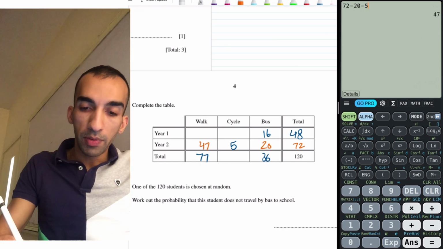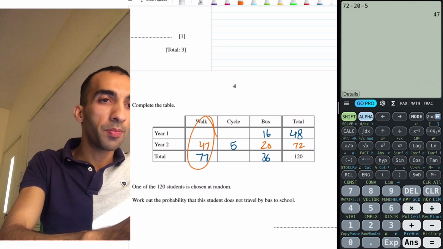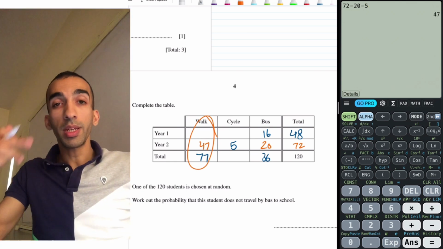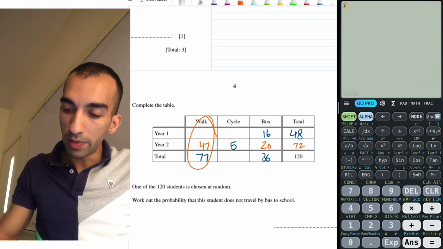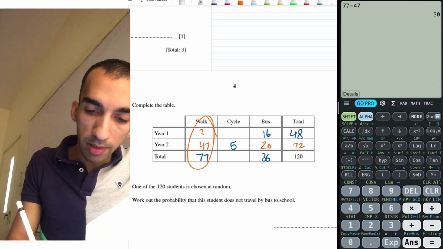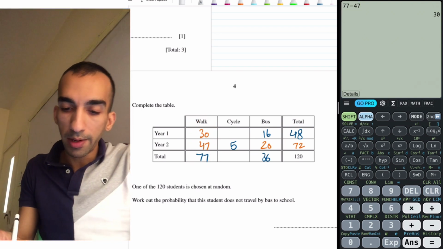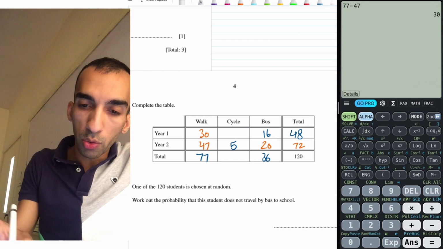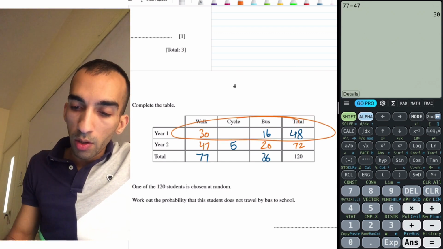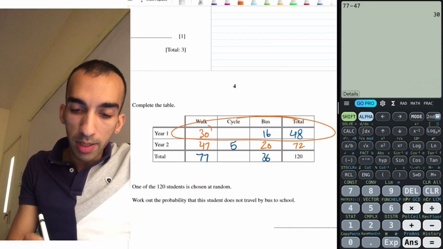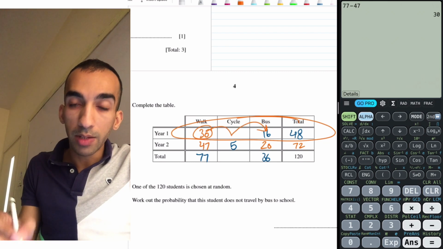Similarly, if we look at this column, you'll notice something has been added to 47 to give us 77. 77 minus 47 gives us 30. This number must be 30. So we're getting really close to figuring out the entire table. Now the total is 48. 30 plus some number plus 16 gives us 48.